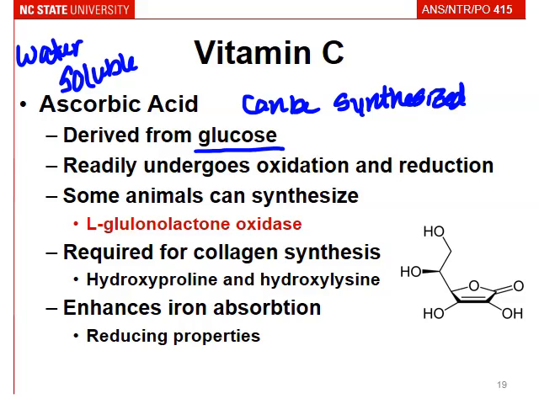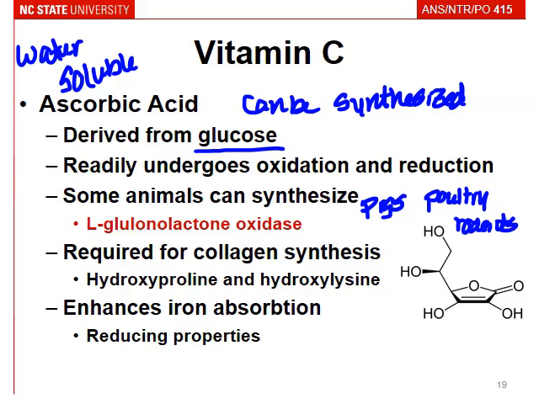As I mentioned, some animals can synthesize it: pigs, poultry, and rodents.